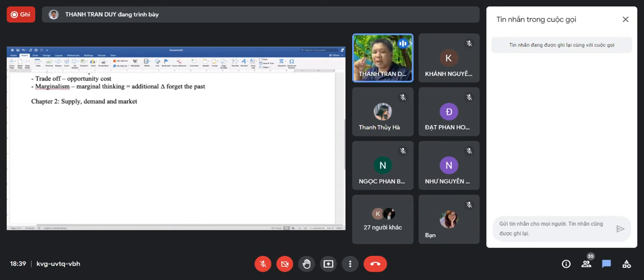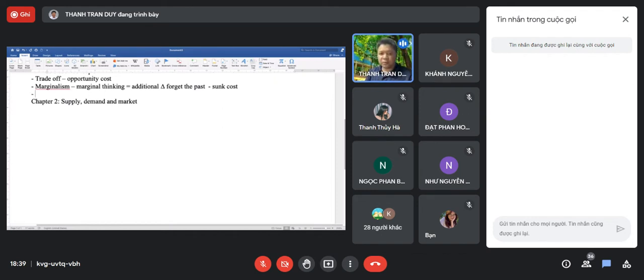So in marginal thinking, we always consider additional, meaning the future benefit and future cost, and we do not consider something we call sunk cost. We have to forget the past. That is marginal thinking: we compare additional benefit and additional cost.